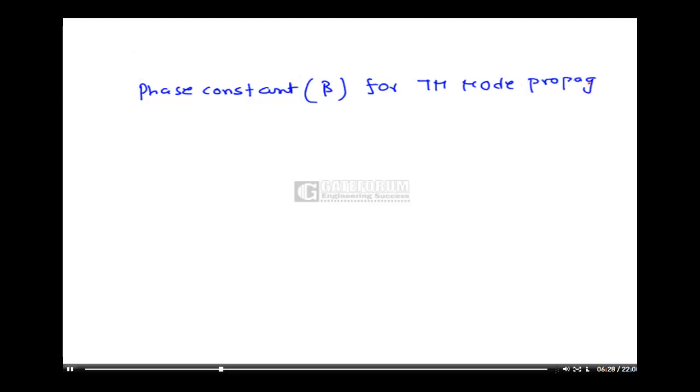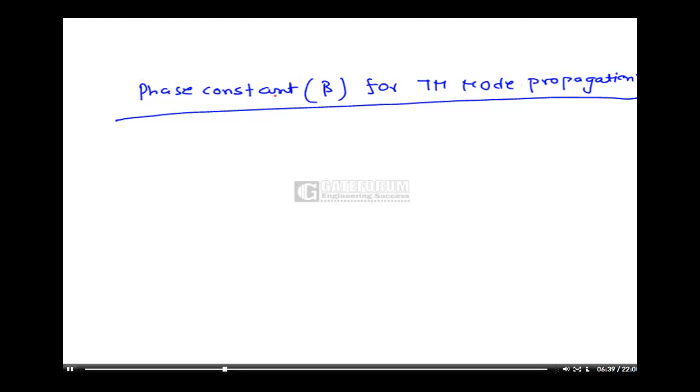Now we will discuss particularly the phase constant beta for TM mode propagation.